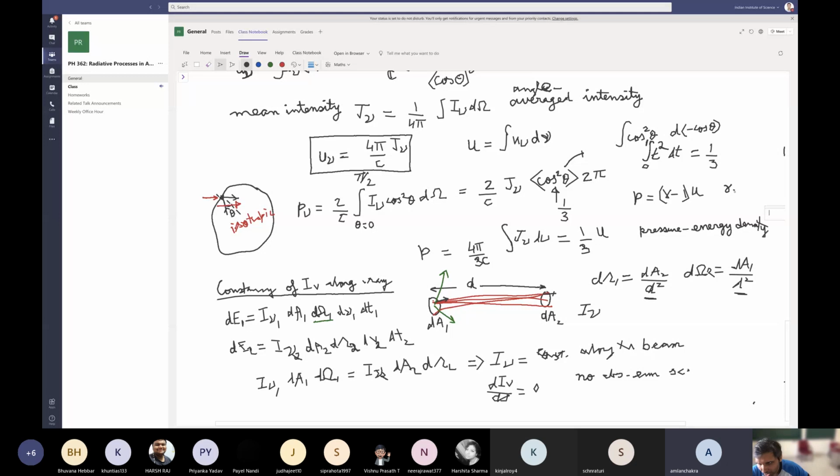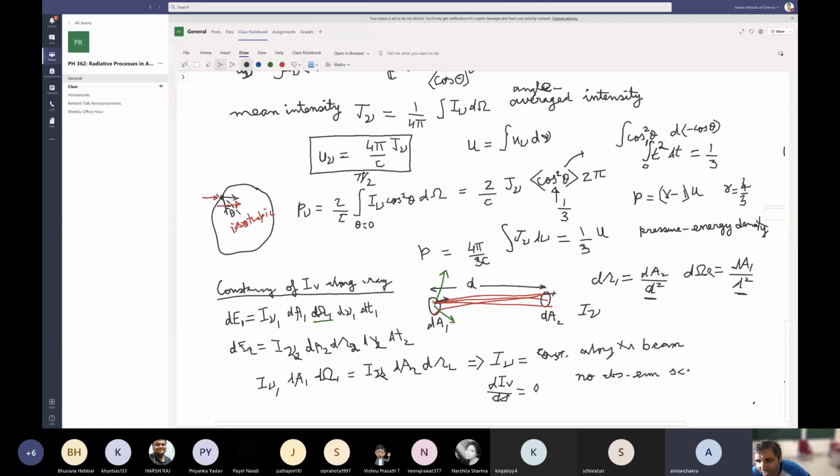But we get gamma from kinetic theory, from calculating the degrees of freedom. If you think of the photon as a single particle moving in space.